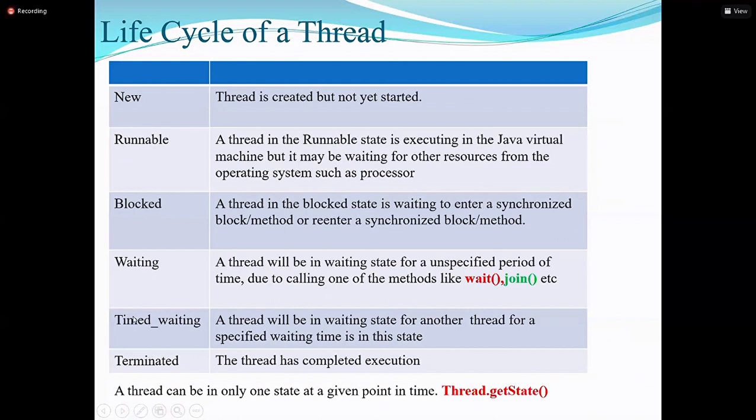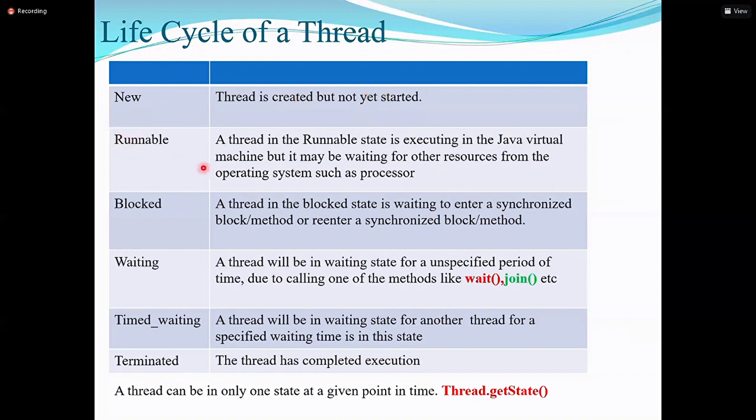They vary between new, runnable, blocked state, waiting state, timed waiting state, and terminated. New. A thread will be in new state whenever we have created a thread class object. We have created an object, but it is not yet started. So that will be in a new state.